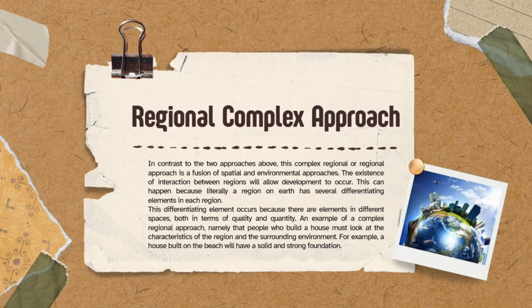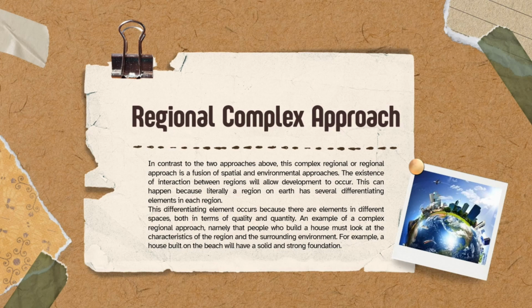This can happen because literally a region on Earth has several differentiating elements in each region. This differentiating element occurs because there are elements in different space, but also in terms of quality and quantity.